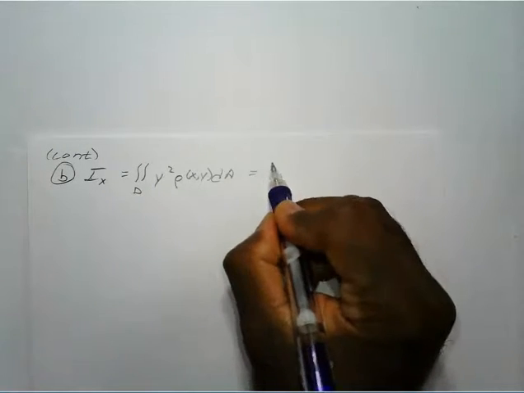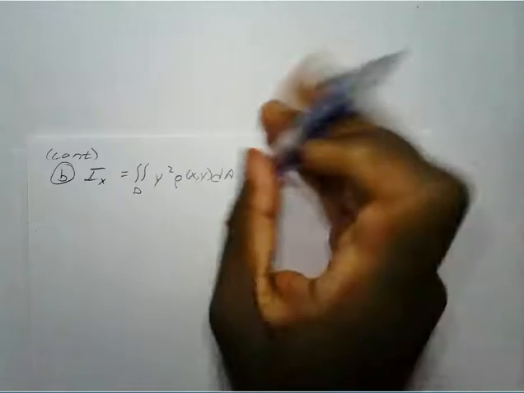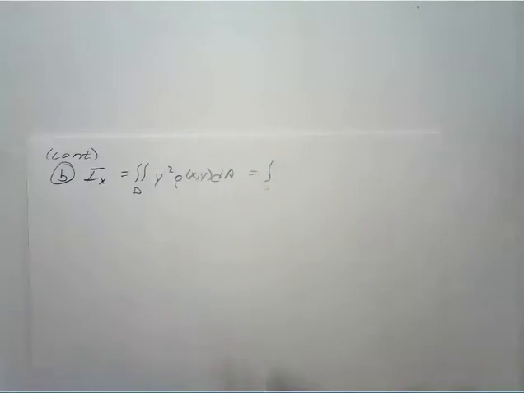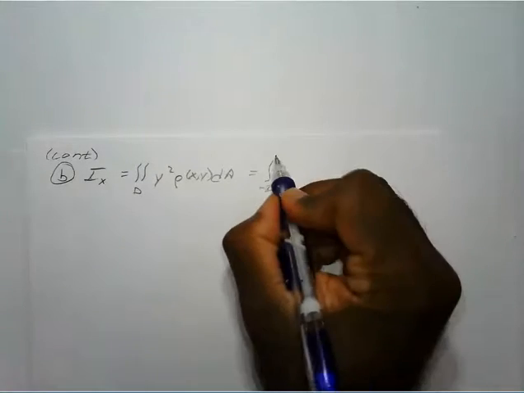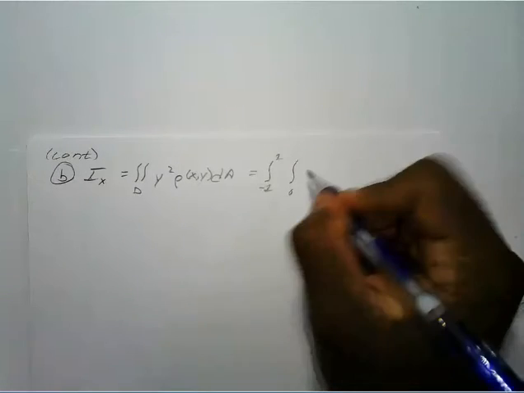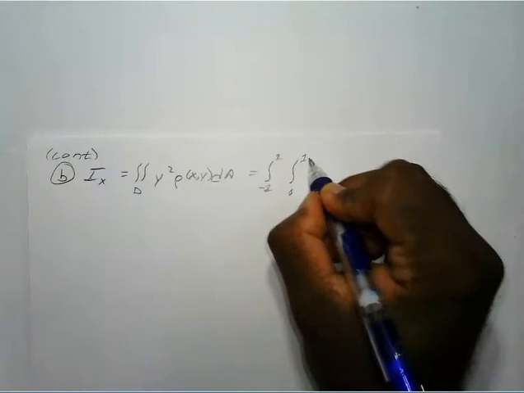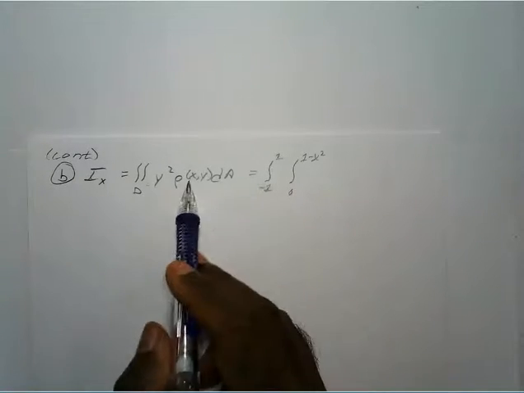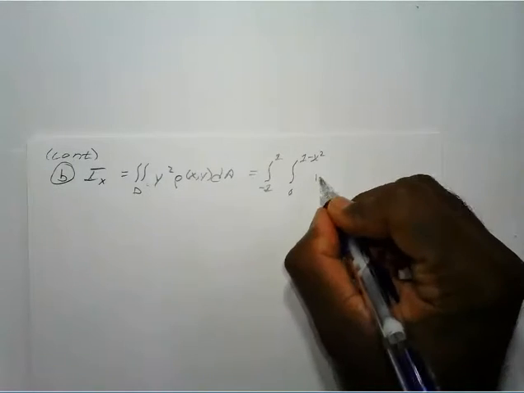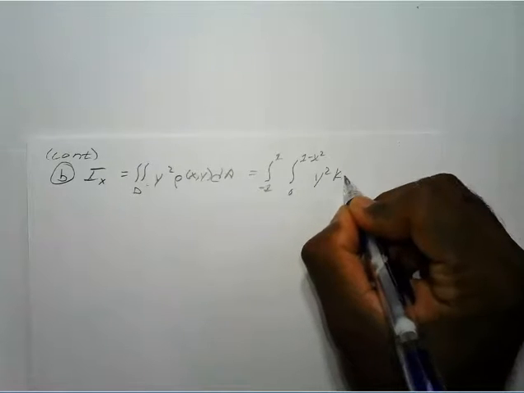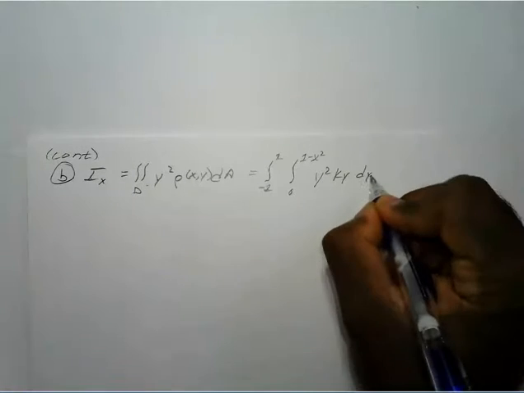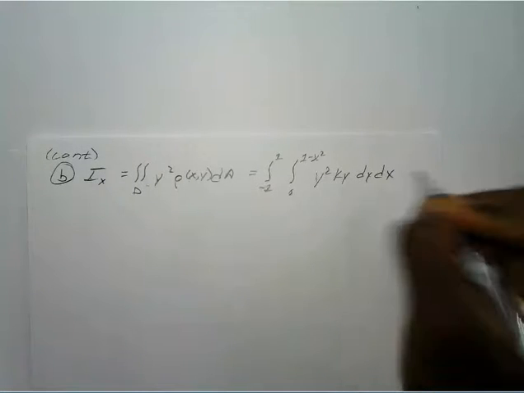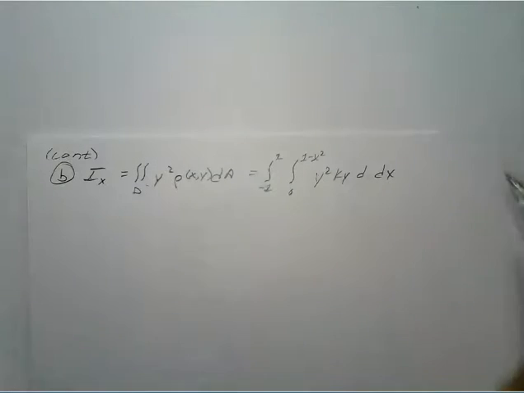Okay, so that will be equal to the integral from -1 to 1 and from 0 to 1 minus x squared of y squared times our rho, which is ky, dy dx. Clean up that y a little bit.